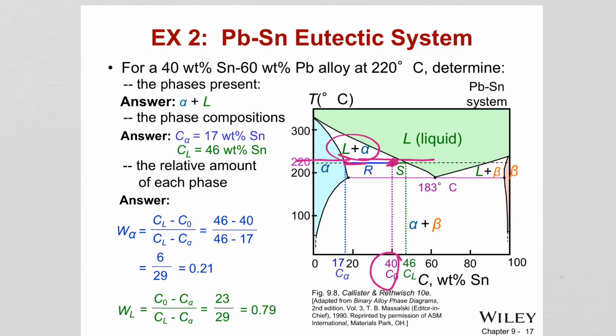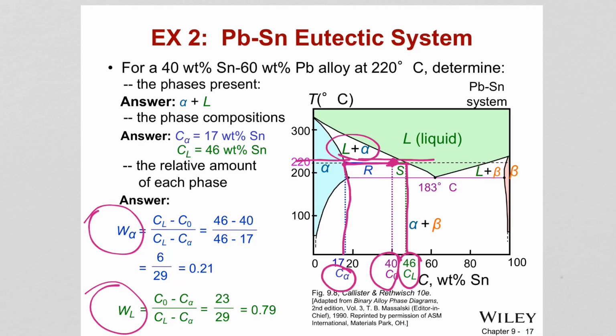Again, we look at the intersection of the tie line and read the alpha composition here and the liquid composition here. And it is 70% tin in alpha, 46% tin in liquid. From that, again, you can calculate the weight fractions of the solid and liquid phase also.